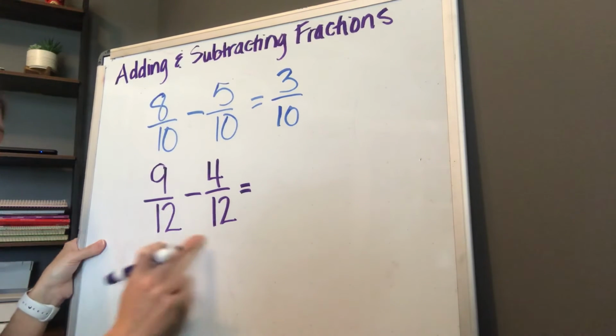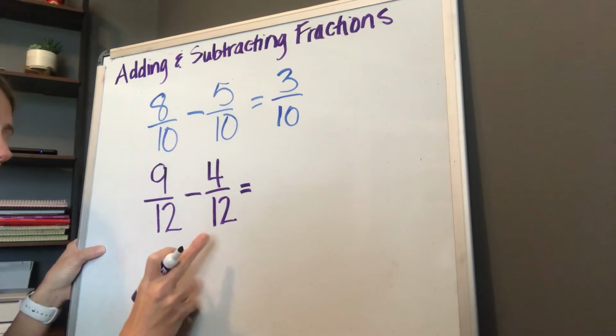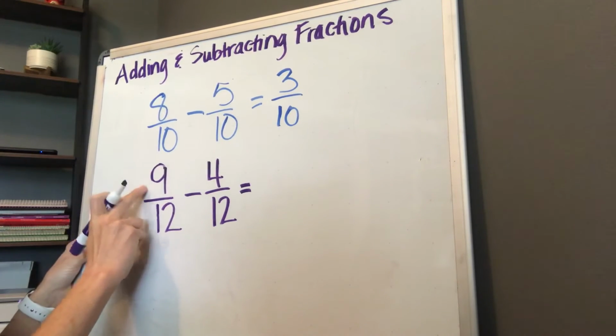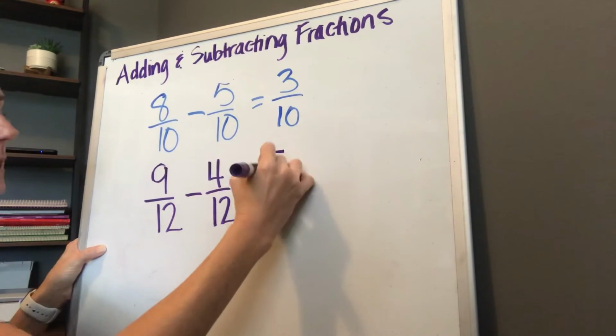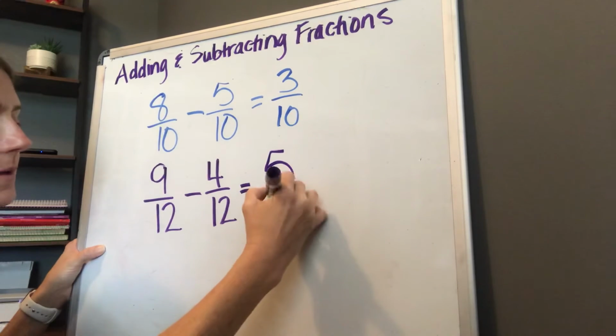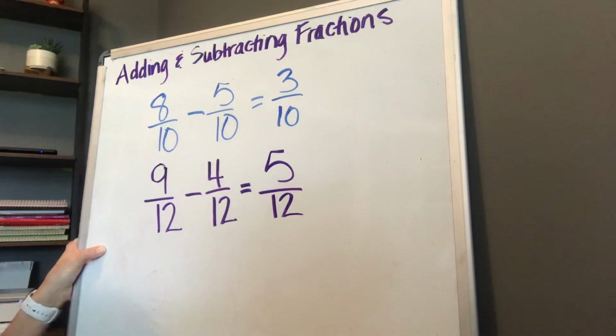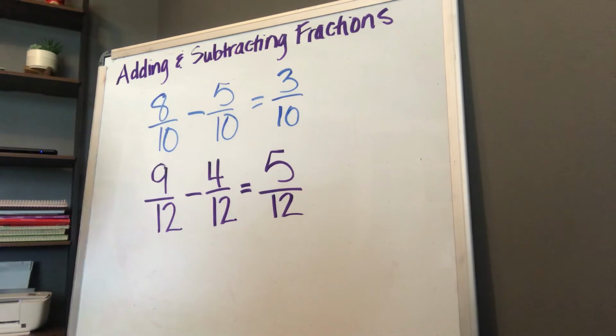All right, since our denominators already match here, you simply have to ask yourself, what's 9 minus 4? And that's 5. And you write it over 12. So the answer would be 5/12. Let's try one more that's pretty simple, but you have to do a little bit of work on the answer.